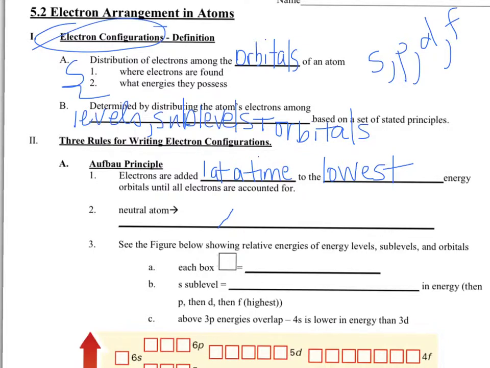So that should sound familiar because that's what we did with our Vikings. We added them one at a time and we filled in the lowest floors first. So for a neutral atom, you have to remember that the number of electrons is equal to the atomic number, and therefore that is equal to the number of electrons that need to be accounted for.